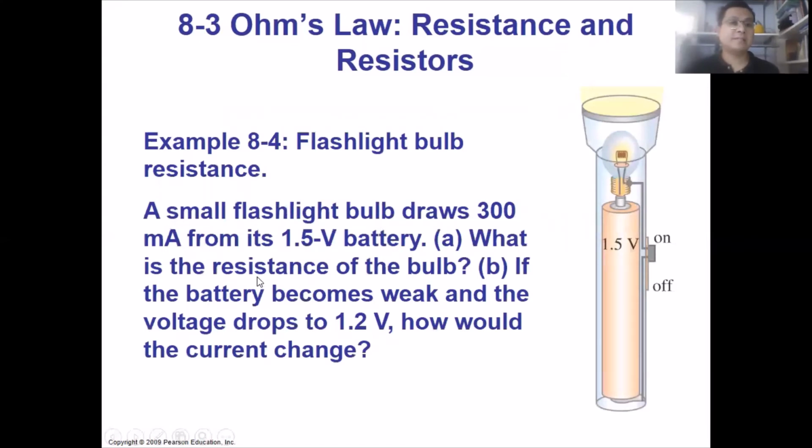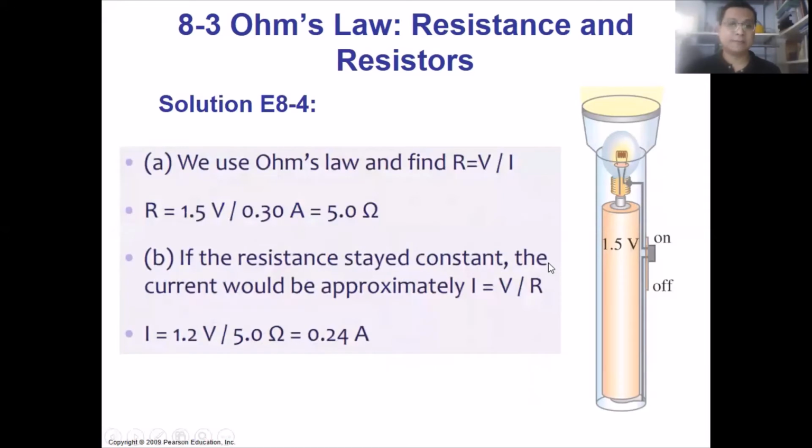Okay, next example, flashlight bulb resistance. A small flashlight bulb draws 300 milliamperes from its 1.5 volt battery. The question is, what is the resistance of the bulb? And then the second question, if the battery becomes weak and the voltage drops to 1.2 volts, how would the current change? So we go to the answer.